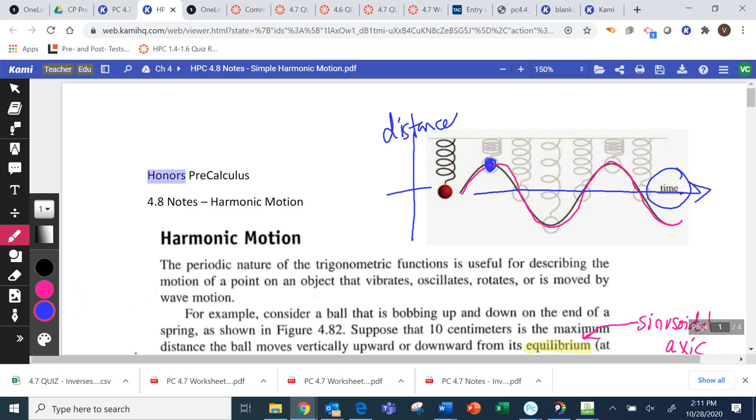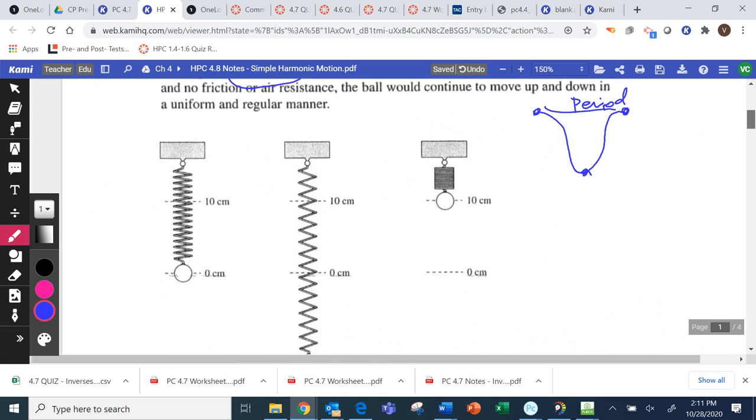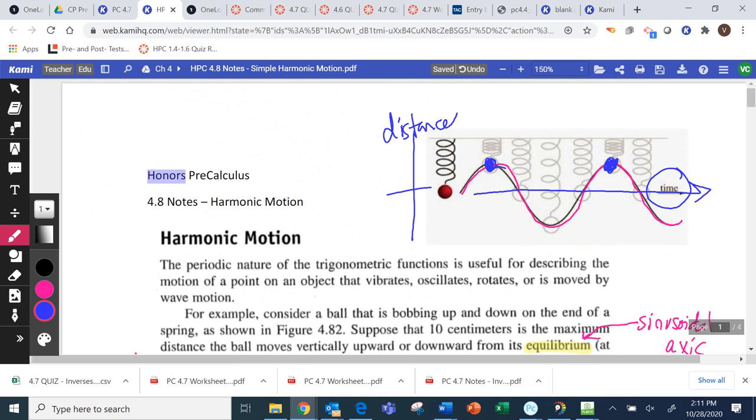But if I look here and here in this picture, or in this little blue one that I drew right here, if I look from the top point to the next top point, that looks like it could be a cosine.